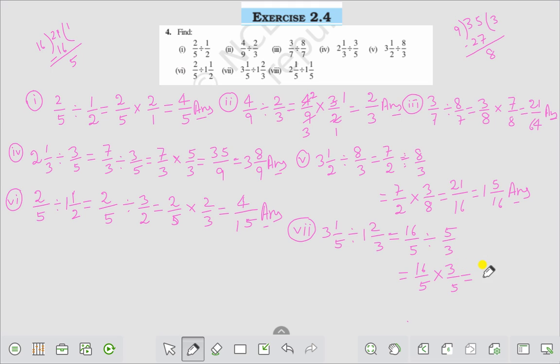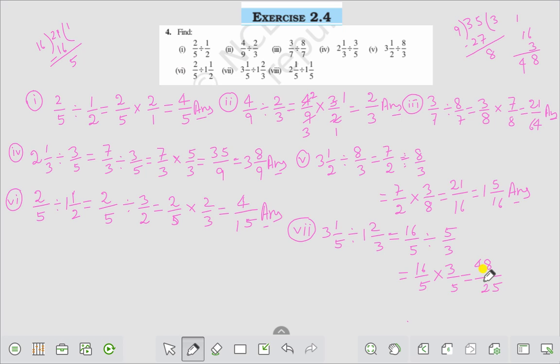Therefore, it is 5 fives are 25 and 16 into 3, that is 16 multiplied by 3. 3 sixes are 18, carry 1, it is 8. 3 ones are 3 plus 1 is 4, that is 48. 48 by 25.